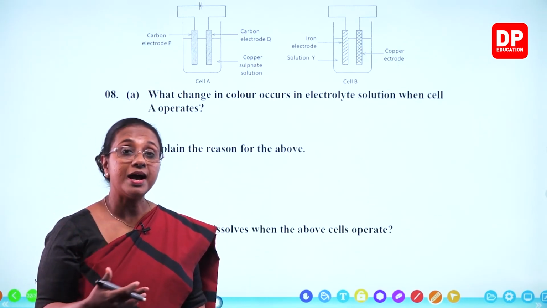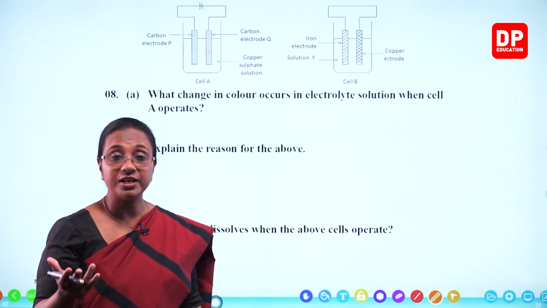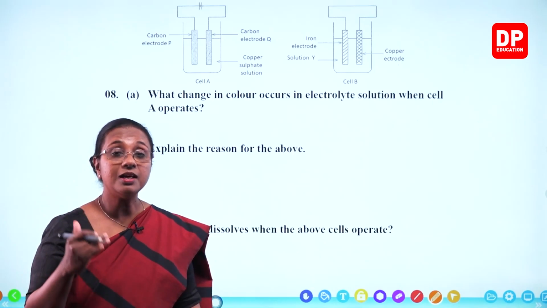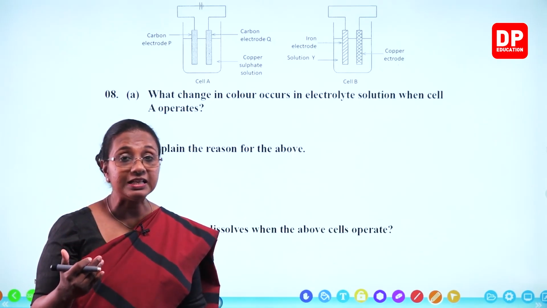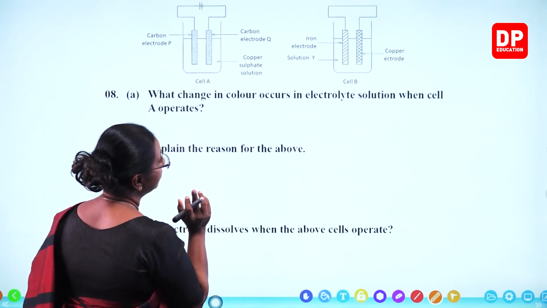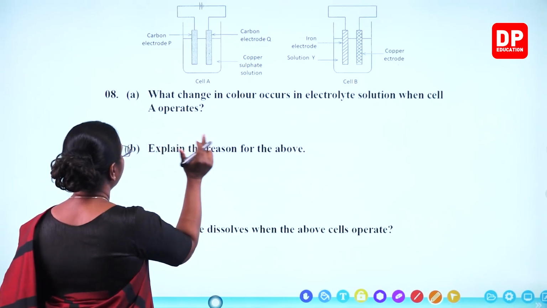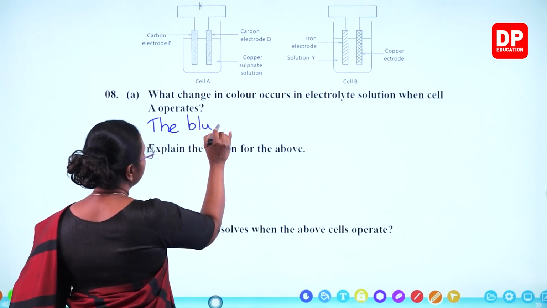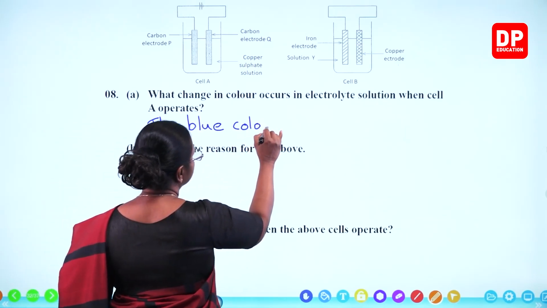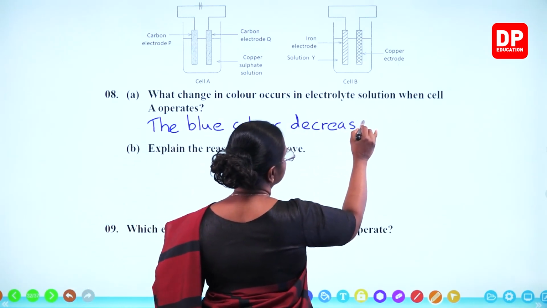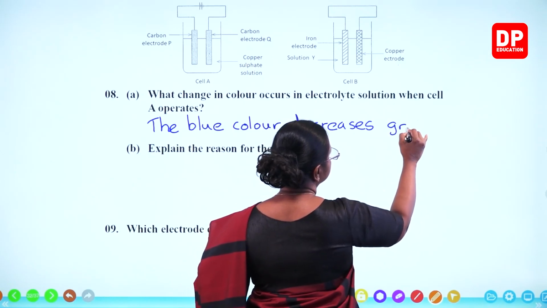So when copper ions deposit, they undergo reduction, deposit on electrode Q, the color of the solution will decrease gradually. So what change in color occurs in electrolyte solution when cell A operates? The blue color decreases gradually.